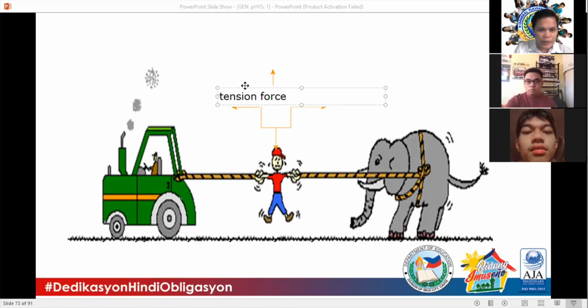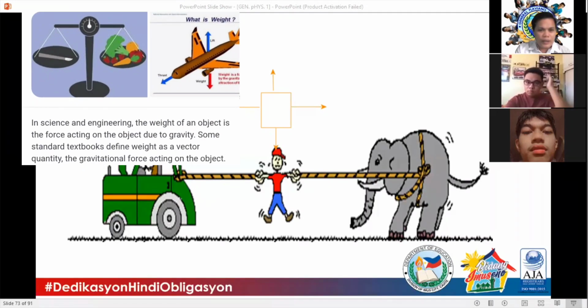Yan po ay tension force. And yung downward force niya is the gravitational force.